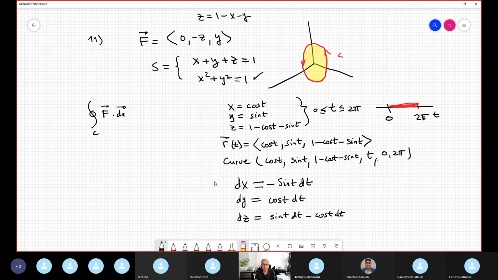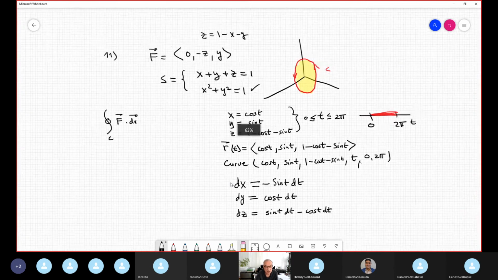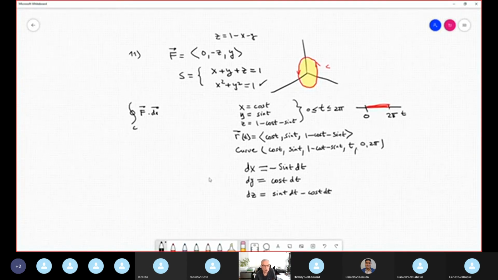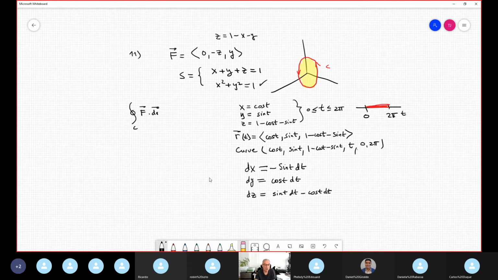Wow. They put everything together. Okay, everything together means que I need to perform the dot product here. Who is f? Well, f is 0, minus z, y. Dot product, the famous dr vector que es dx dy dz.